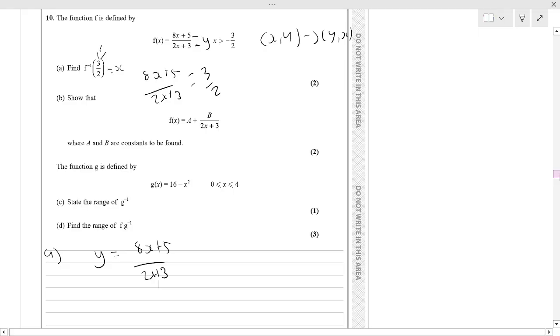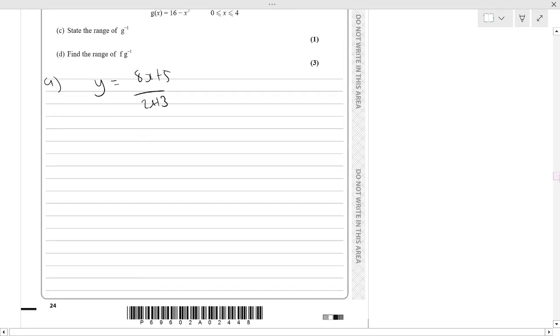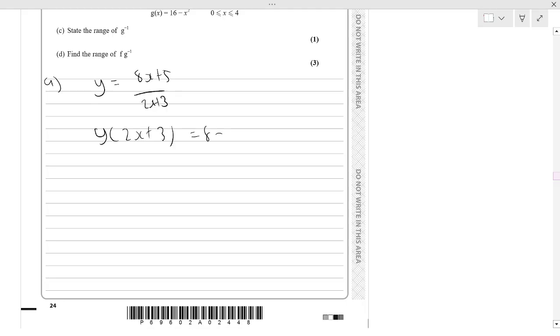Okay, so now we rearrange to get x on its own. How are we going to do that? Well, the best step is to get rid of the fraction. So y(2x + 3) is 8x + 5. Then I'm going to get all the x's on one side: 2xy minus 8x is 5 minus 3y.